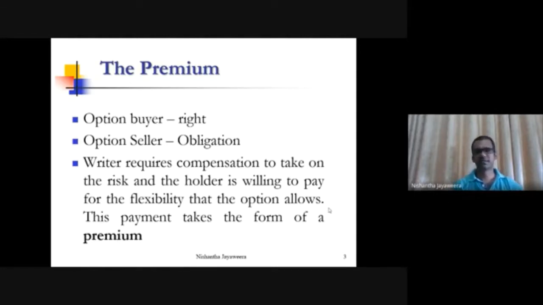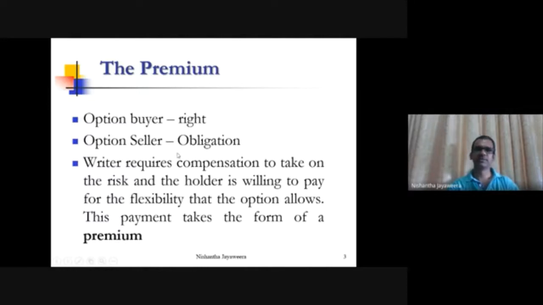Option buyer has the right either to buy or to sell the underlying asset, depending on whether it's a call option or a put option. Whatever it is, option seller has the obligation to meet the buyer's right. Then the option seller requires compensation for the risk that the option seller takes.